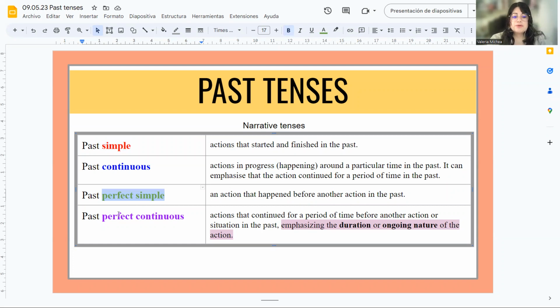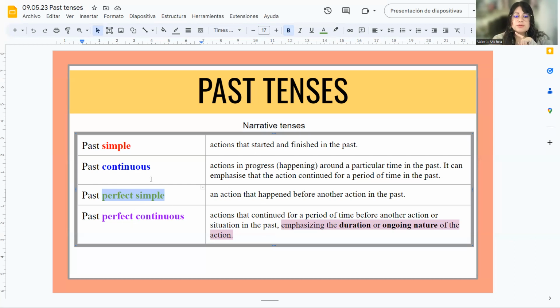Finally, we have the past perfect continuous, which also refers to an action that happens before another action in the past. So they refer to the same things, but the only difference between the simple and the continuous tenses is that the past perfect continuous refers to an action that lasted for a period of time. So we also make emphasis on the duration of the action in the past. That would be the difference.